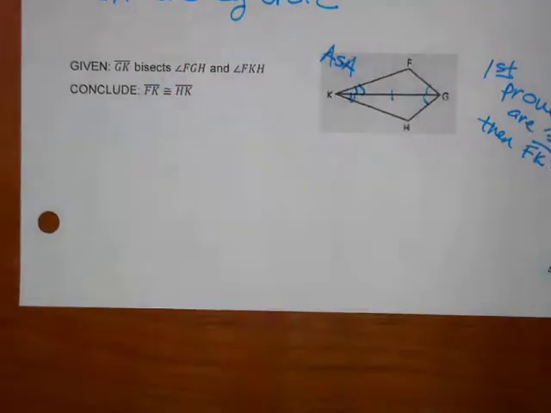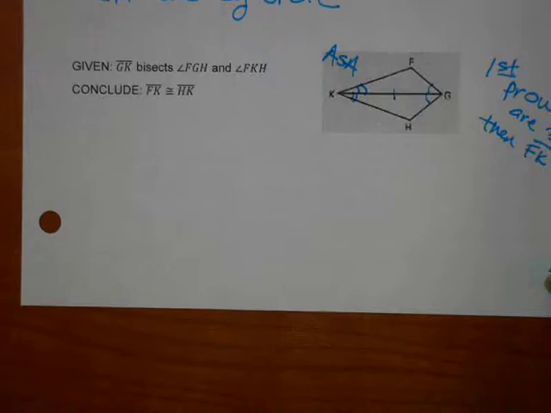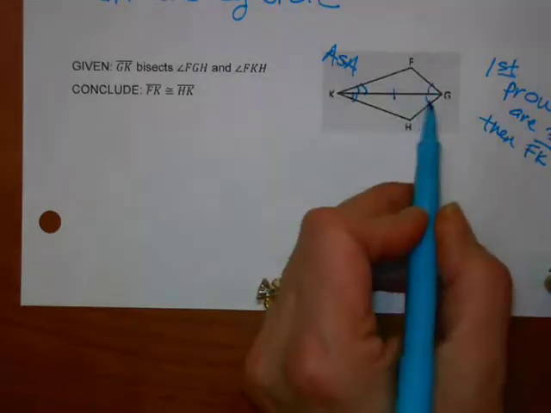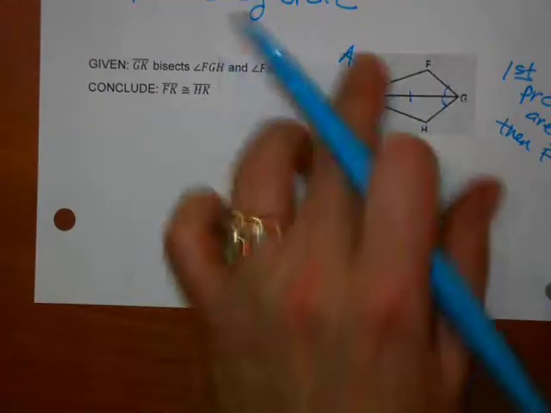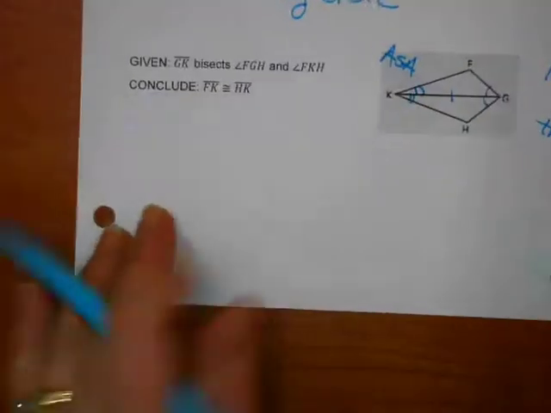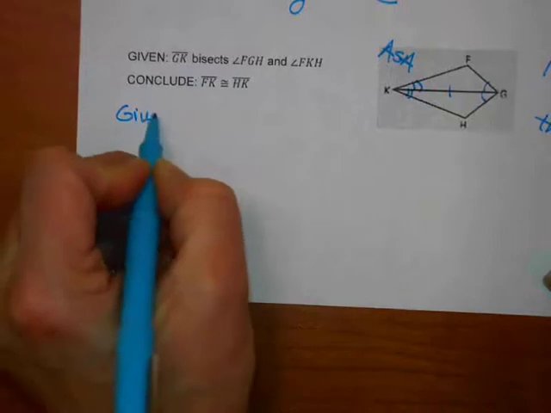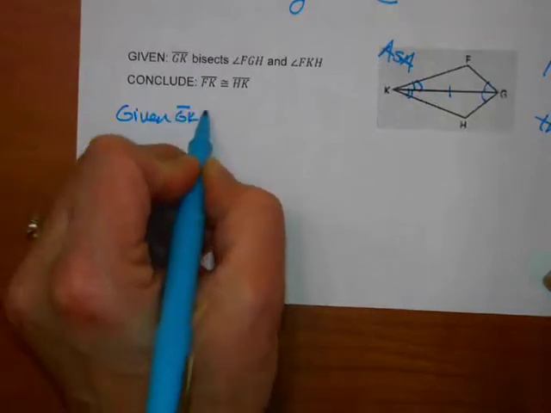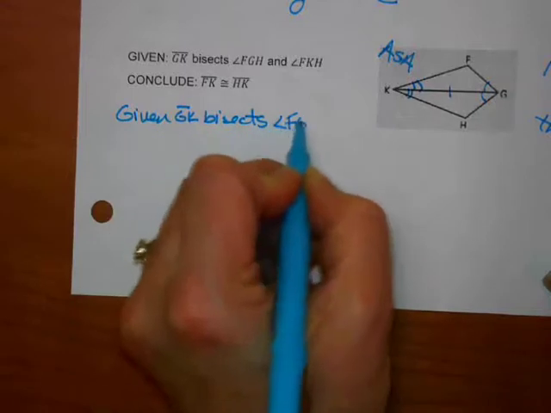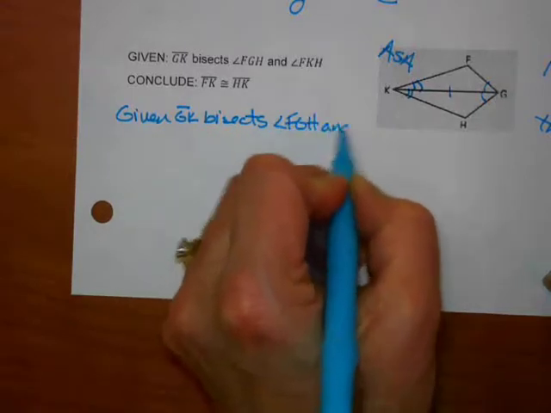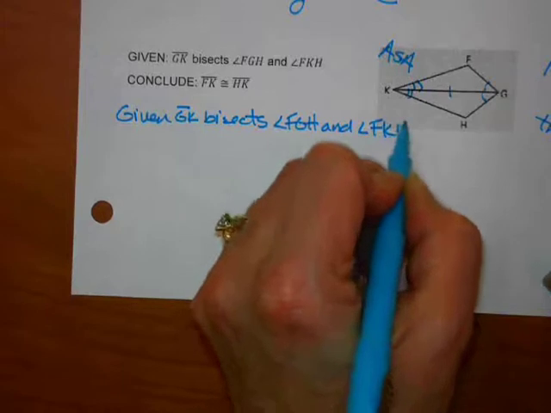So if I look at just one of the triangles, I can do angle, side, angle. Okay? So I have to prove ASA. So I'm going to start by writing down the given. Given that GK bisects angle FGH and angle FKH.